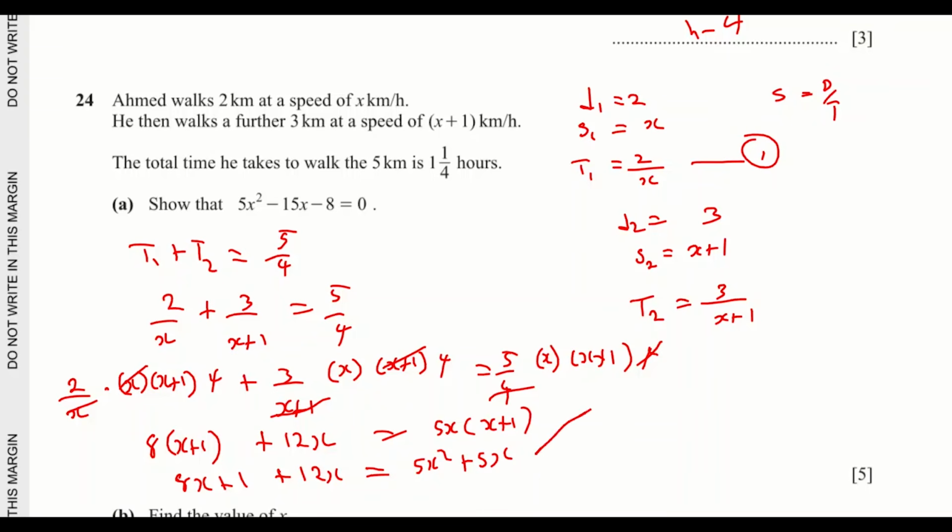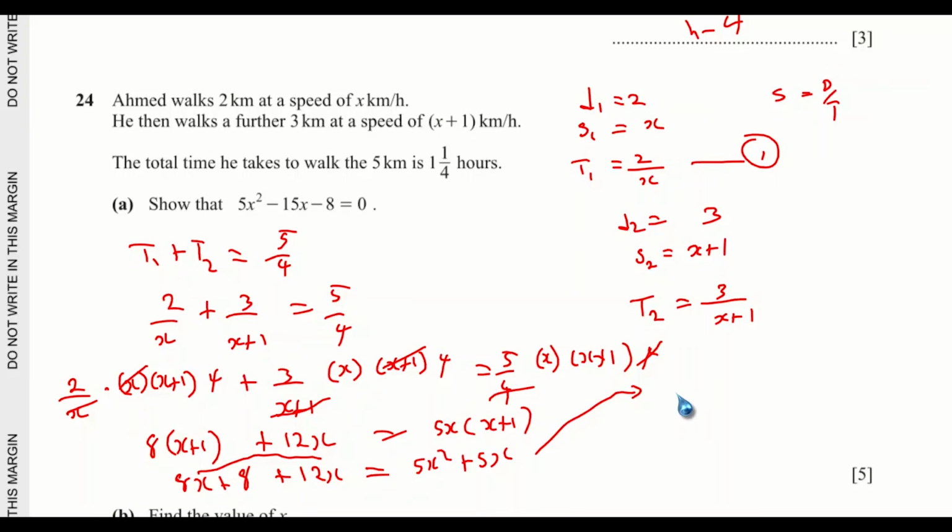Okay, so from here, I can now collect like terms. Oh, sorry, there's a mistake here. This should be 8 times x, 8x plus 8. 8 times 1 is 8, not 1. Okay, so what you can do here now is add these two together, 8x and 12x, that will be 20x.